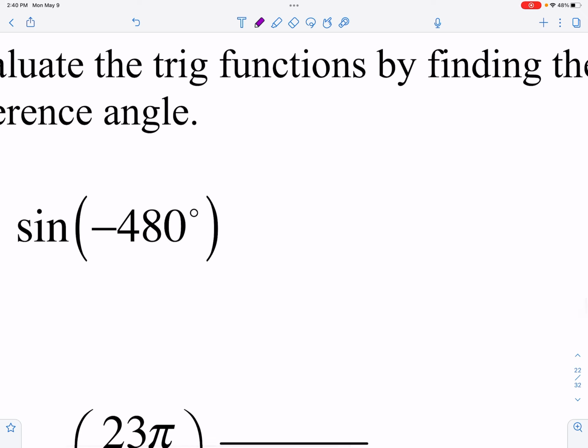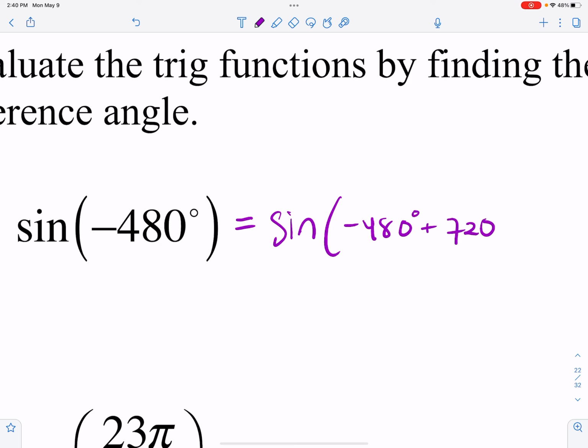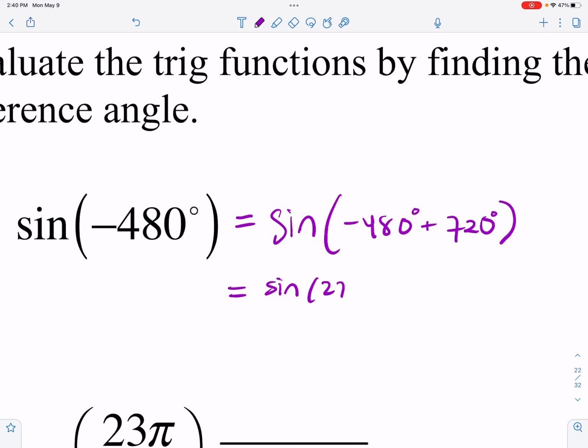So for sine of negative 480 degrees, well, we can think about adding 720 degrees, and that gives us sine of 240 degrees. 240 degrees is on the unit circle. That would be negative root 3 over 2.